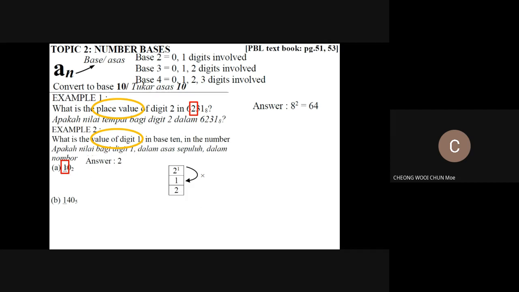Just now you don't multiply by the 1 because it was place value. If it is just the value of the digit, you need to multiply. Then for the digit 1 over here, it will be 5 power 0, 5 power 1, 5 power 2. This is 5 power 2 times 1, you get 25.